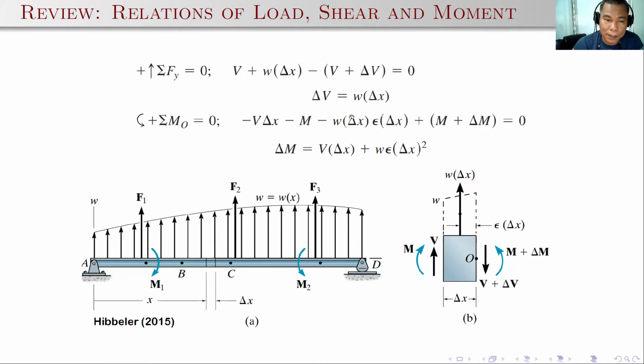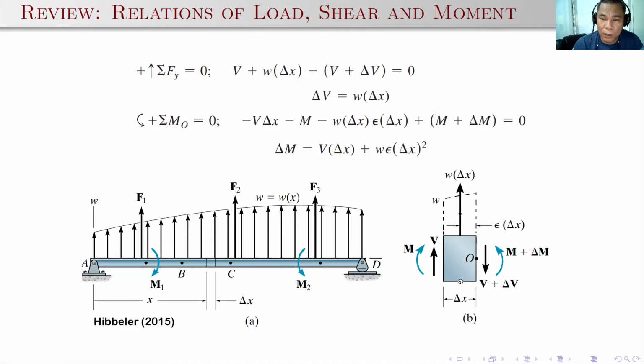If we sum up moment at point 2, that is at the neutral axis location, the shear on the left will cause a clockwise bending, that is V times delta x, minus this moment, minus this distributed load w delta x times epsilon delta x.